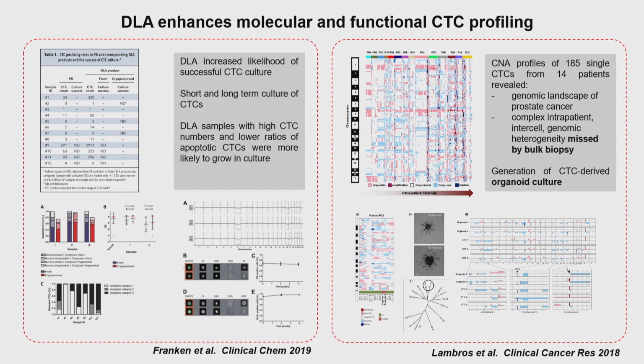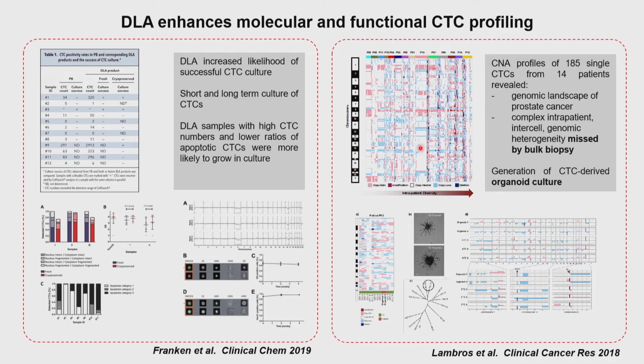A second interesting study, done a few years ago, is from Johann de Bono's group in prostate cancer. Here, DLA led to a strong increase of CTCs, which were then used for genomic profiling.